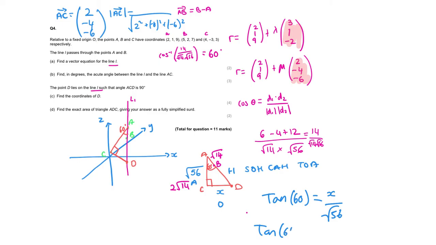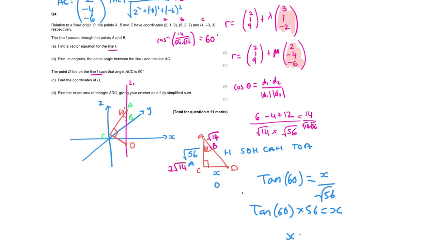So tan of 60 times root 56 equals x. So tan 60 times root 56 equals 2 root 42. So the length from C to D is 2 root 42. I don't really think that gets me anywhere. Okay, let's just try the other one quickly.